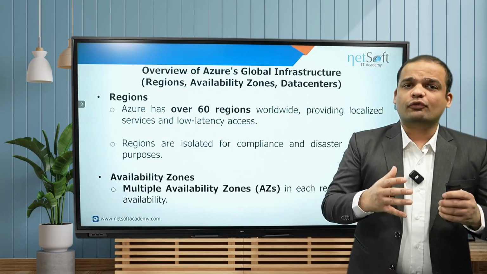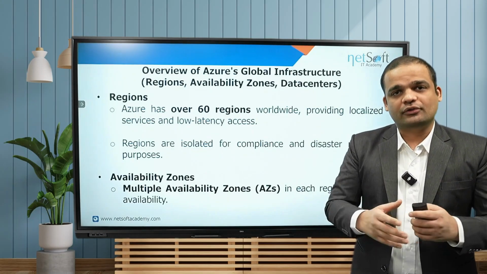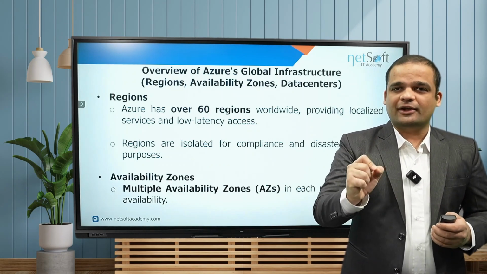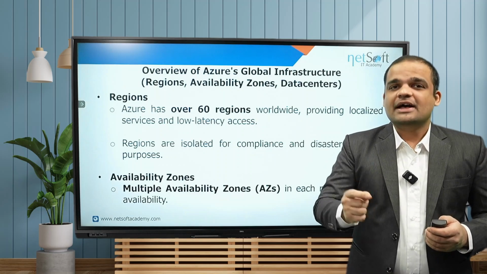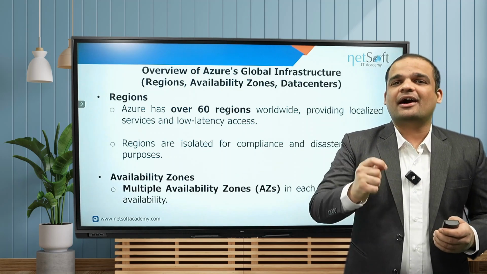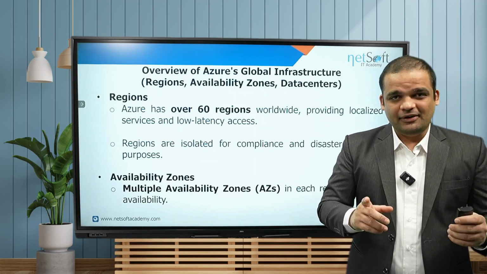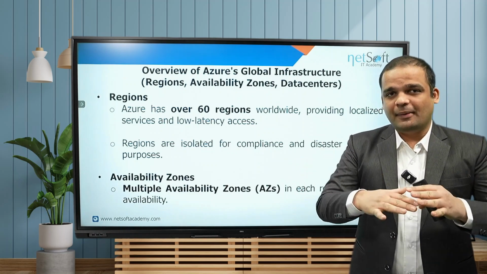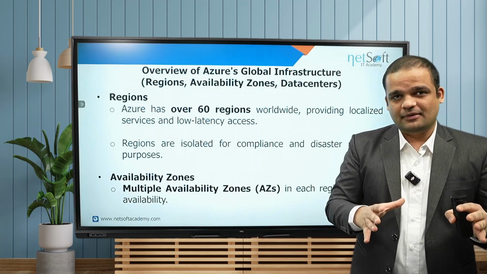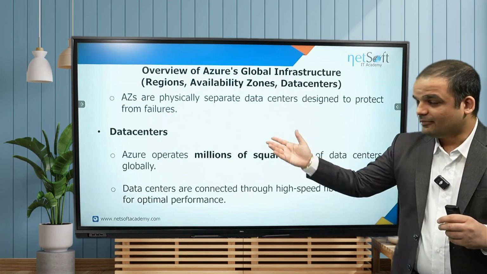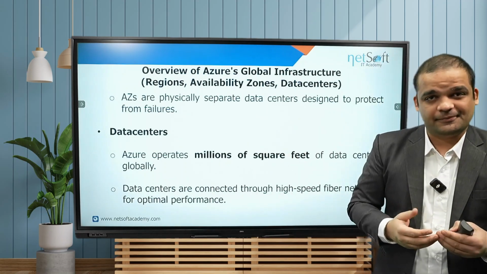By distributing workloads across these zones, Azure ensures that even if one zone experiences an outage, services still remain available in other zones. So remember, one region can have multiple zones inside it. Now, it will all make sense when we discuss what data centers are.